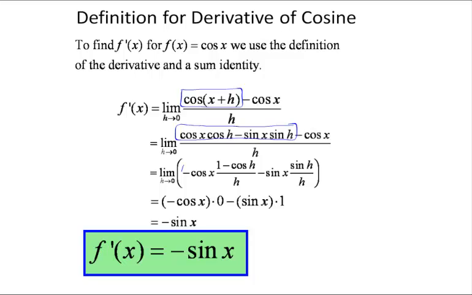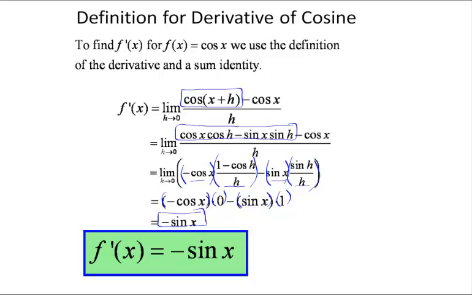I have gathered like terms and factored out everything that has an x in it. And I have, either by looking at the graph or understanding that the limit of a constant is a constant, filled in all of the values just like we did for sine. And it turns out the rate at which the cosine function is changing is the negative sine function.